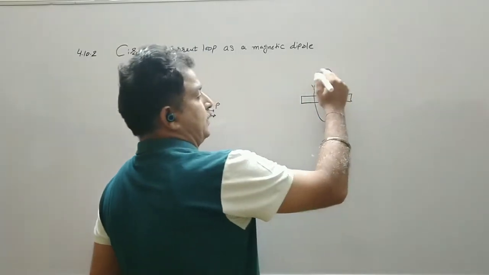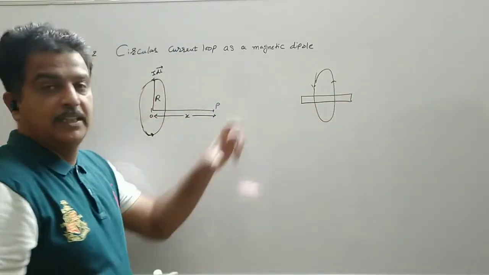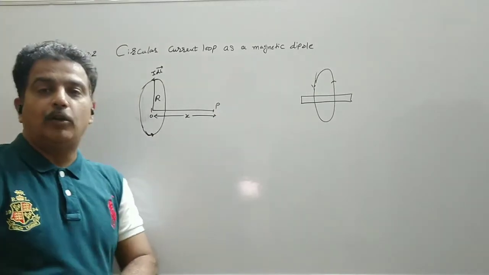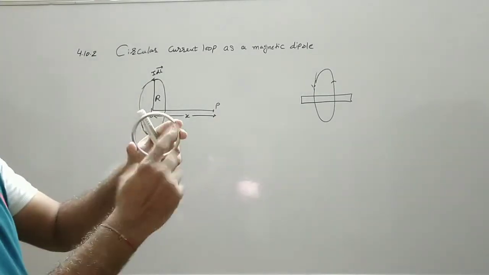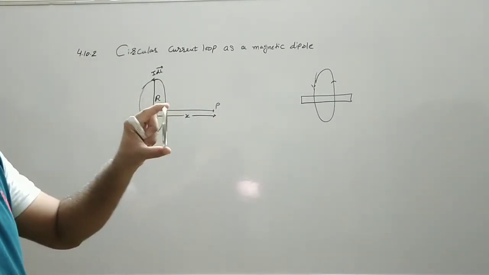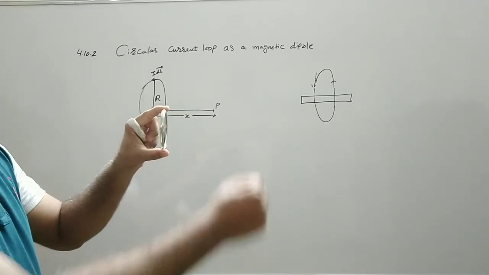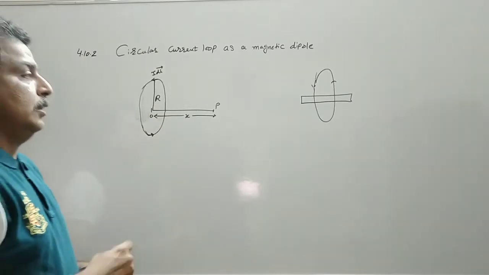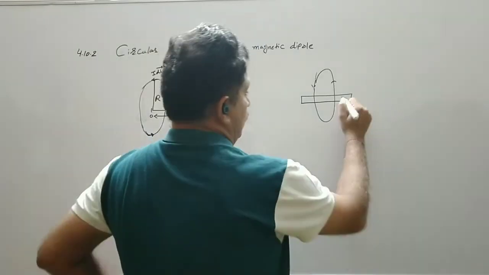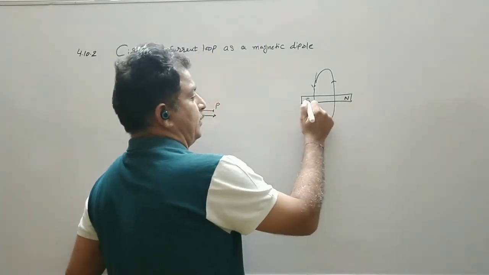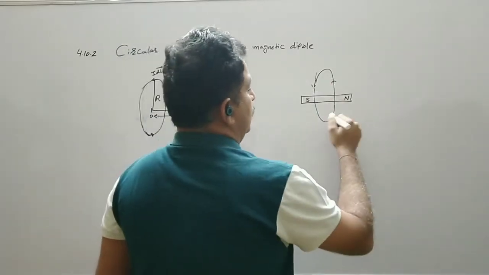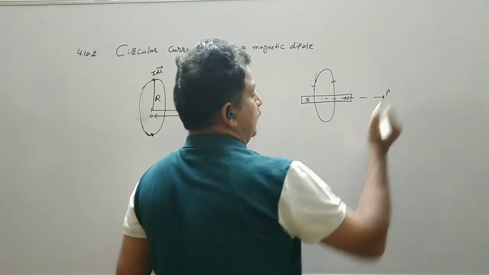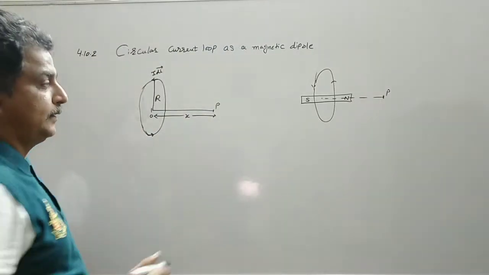So if this loop is placed in the YZ plane and the current is flowing in anti-clockwise direction, as we have seen, this face will behave as a north pole. It is kept in the YZ plane. We find the magnetic field intensity at this point. This is north and this is south, and the magnetic field intensity at this point was along the x-axis.